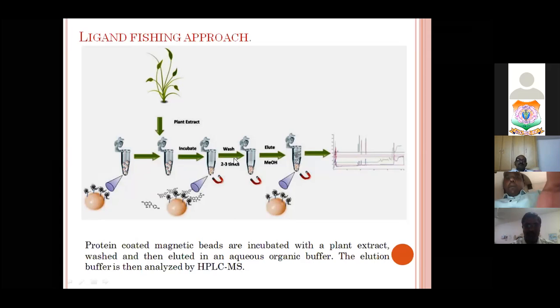Some of the compounds which are bound will stay and are eluted by using methanol. Then they remove the non-bound compounds by elution of the buffer. Then they analyze the active components by using HPLC mass spectrometry.